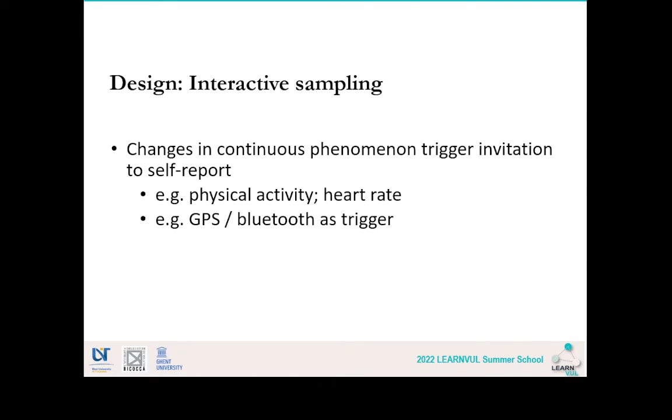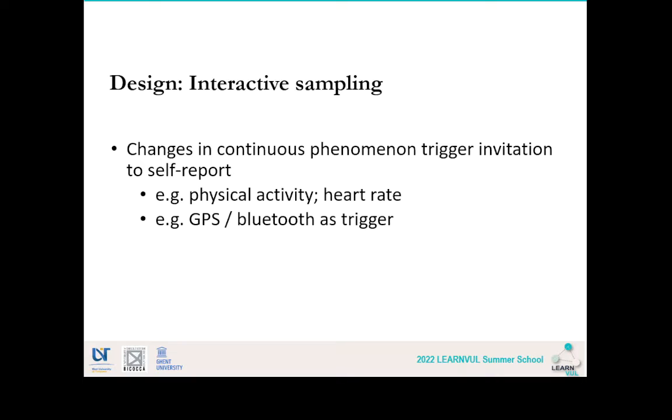The other is the interactive sampling. So you mix the two, in the sense that, for example, you're measuring the heart rate, and as soon as the heart rate reaches a certain level, it sends a text or a prompt to complete the questionnaire.